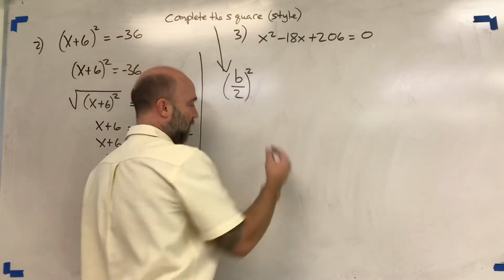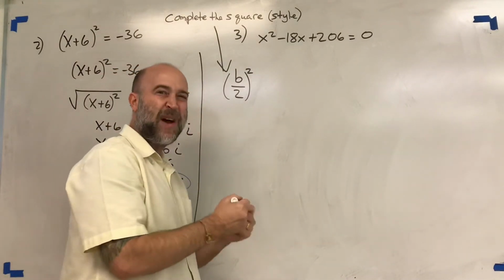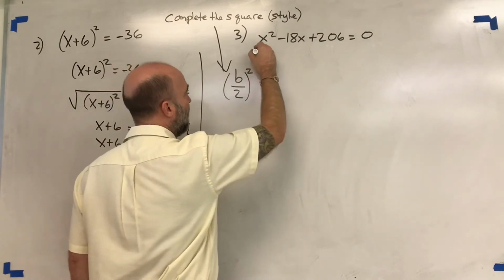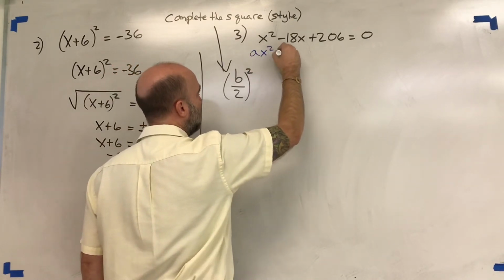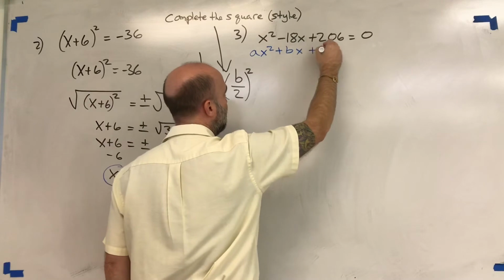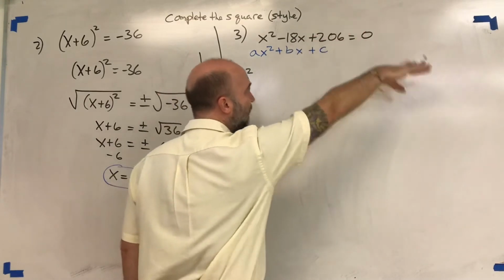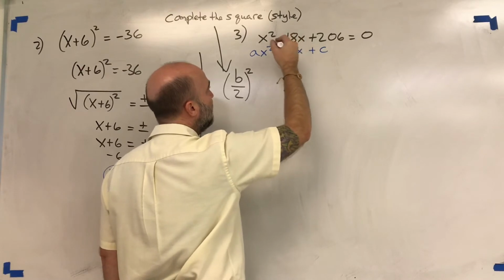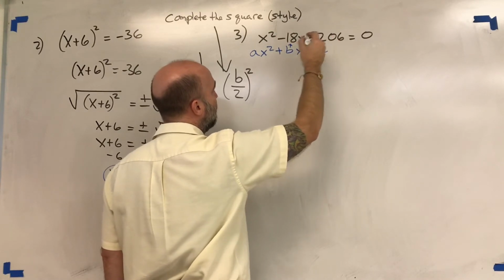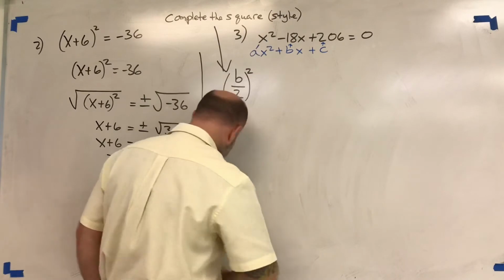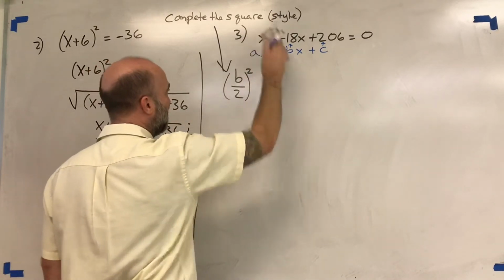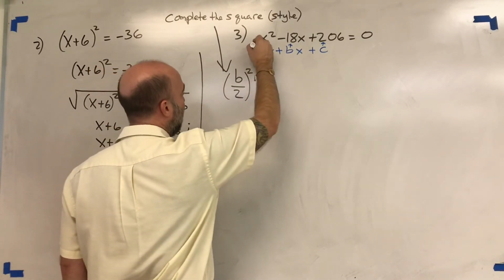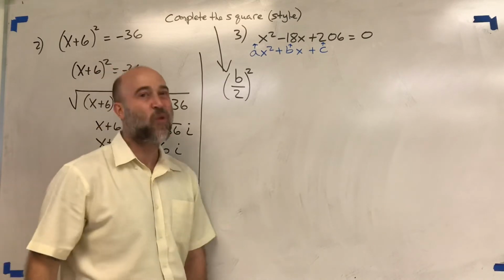I'll use my foundation here. Foundation is ax squared plus bx plus c. That's the good thing about not moving it over: it fits this form a lot better. So b is negative 18, c is 206, and a is the number in front of x squared, so a is 1.